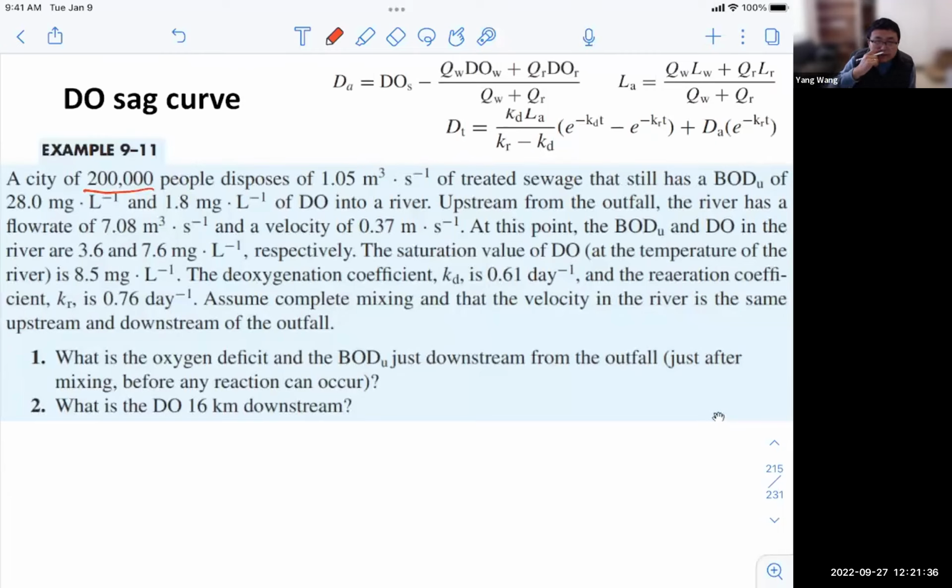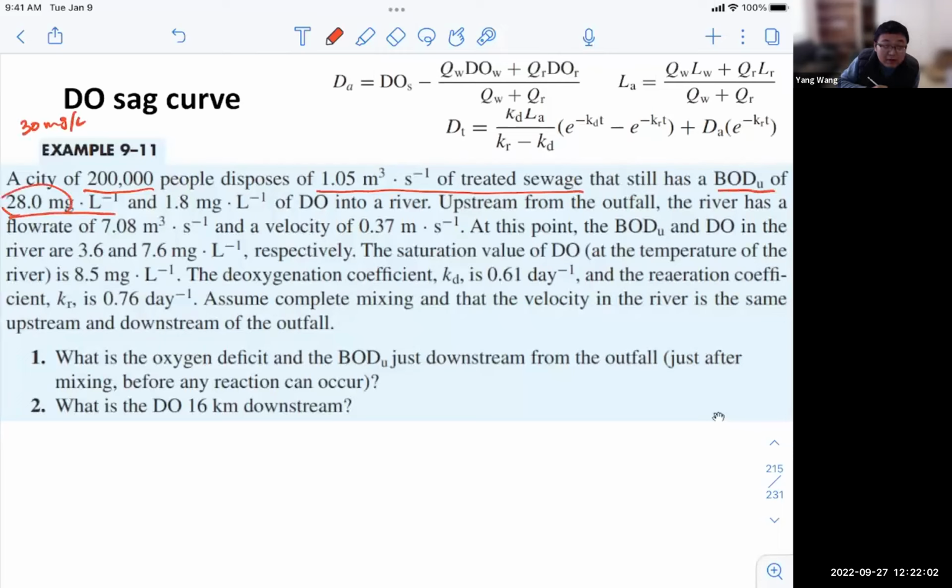So it says that it's disposing treated sewage, basically the outflow of a wastewater treatment plant, at a flow rate of 1.05 meter cubed per second. It has an ultimate BOD of 28 milligram per liter. We mentioned earlier in the class that federal regulation puts a limit of 30 milligram per liter.